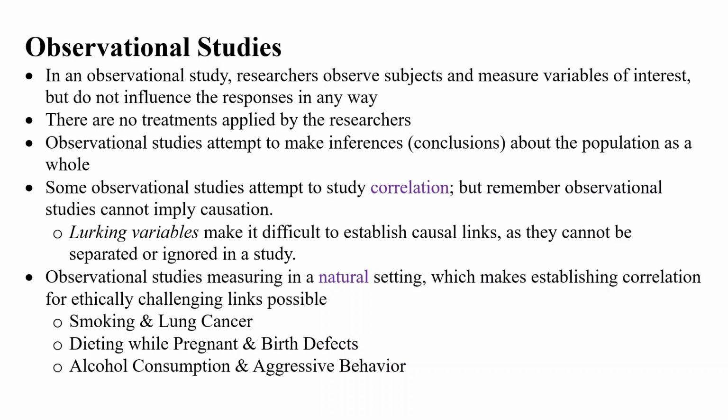It's unethical to set up experiments that test these things. So in the big picture, though, most observational studies are going to just observe in the natural setting, and we use the results to describe the population in some way.